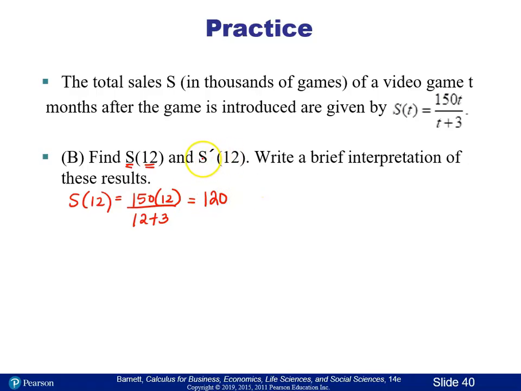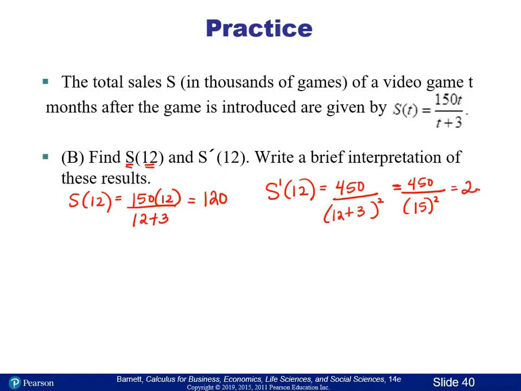This is asking me to go to the derivative and plug 12 in it. We found that the derivative was 450 over t plus 3 and that whole thing squared. So in the place of the t, I'm going to put 12. So 450 over 15 squared is going to give me 2.